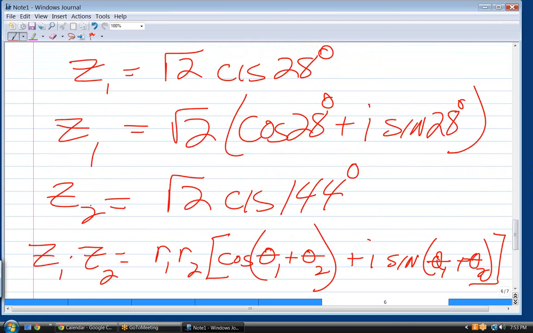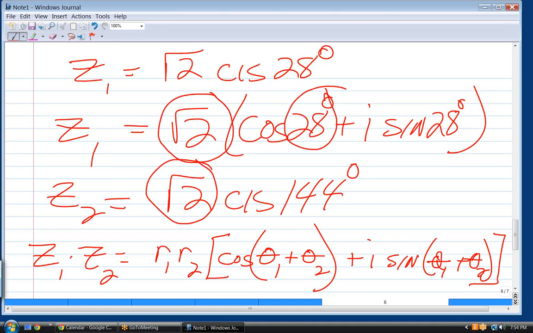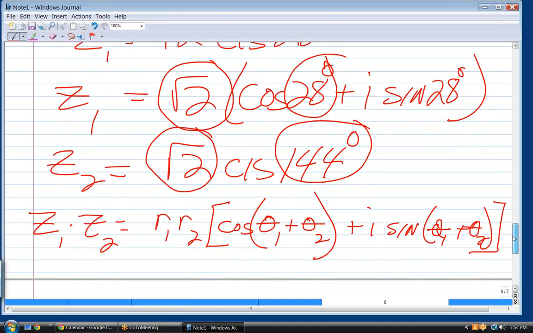They've given us Z1 and Z2. Well, that's R1. That's R2. That's theta 1. That's theta 2. Okay. So it's just a question of plugging in.